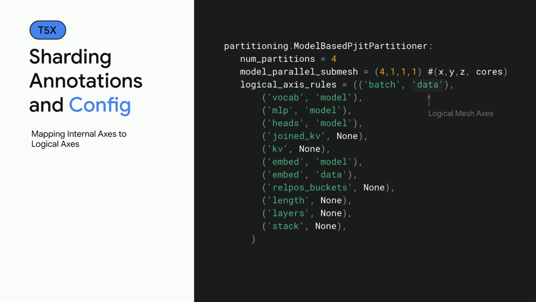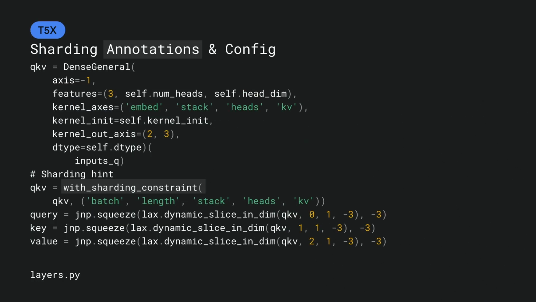Here the vocab, MLP, embed are the named internal axes which are mapped to the mesh axis. And finally, here is an example of adding sharding annotations in your model code which can be propagated by the XLA SPMD partitioner. And that's it.